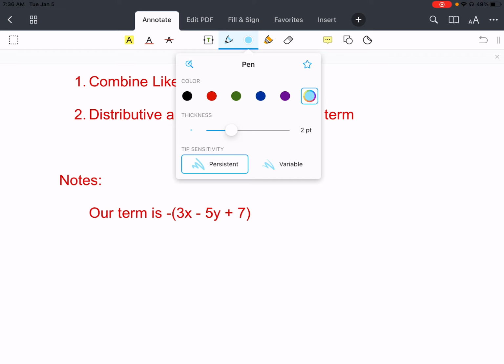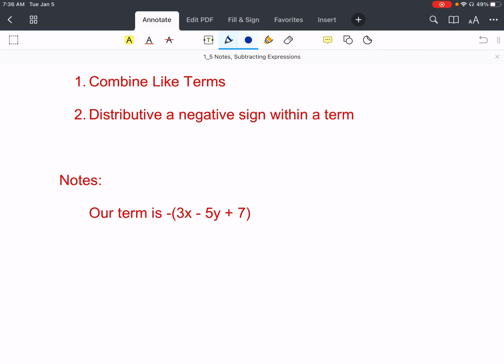So we are going to need to think of everything inside of parentheses as negative because the negative symbol represents everything in the parentheses. So one way that might help for you to think about it is you have a -1 of this term, which is 3x minus 5y plus 7.